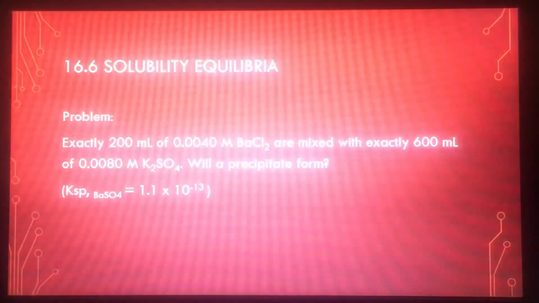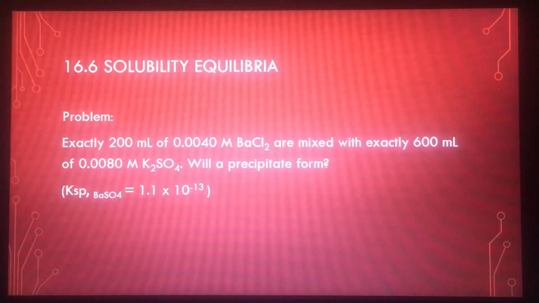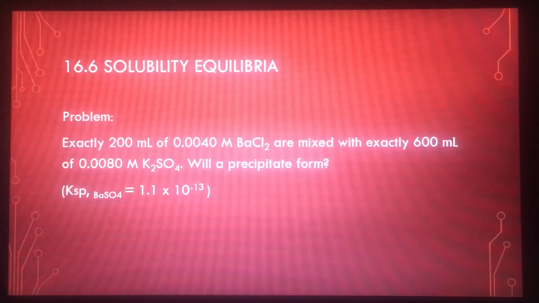Okay, so in our problems, we always use the molar solubility, which is in terms of moles per liter. But I can also give you problems that involve solubility in grams per liter. So how do we convert moles per liter to grams per liter?